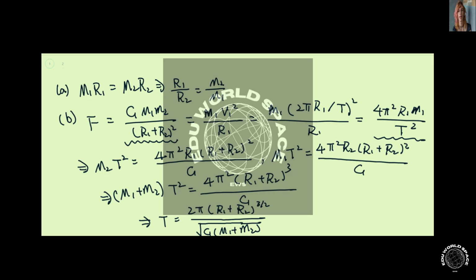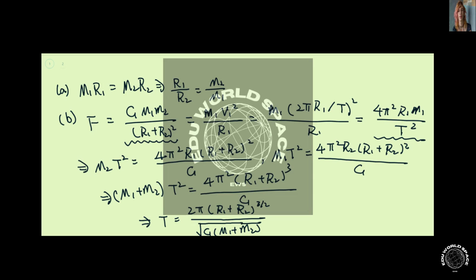m1 gets cancelled. We have m2 times T squared equal to 4 pi squared r1 times (r1 plus r2) squared divided by the gravitational constant G. Similarly, for m1, we have m1 T squared equal to 4 pi squared r2 times (r1 plus r2) squared divided by G. So we add these two equations together.